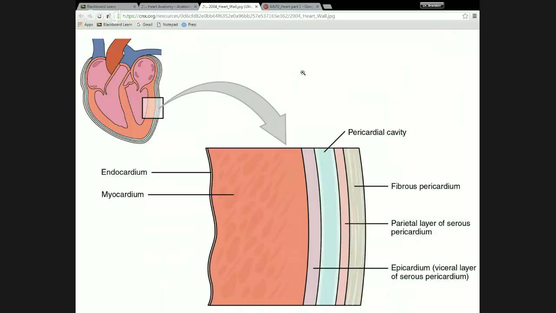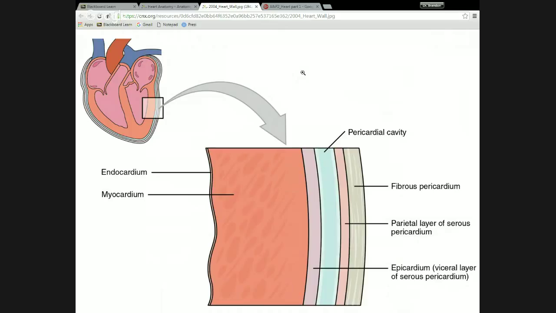The pericardium is also anchored in place by a layer of fibrous connective tissue, which would be dense irregular connective tissue, which is referred to as the fibrous pericardium. That's just on the whole outside of everything. The fibrous pericardium and the rest of the pericardium that lines the mediastinal cavity is called the parietal layer of the pericardium.